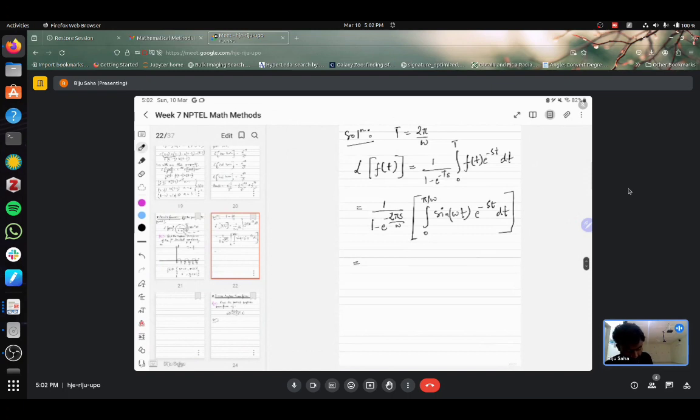This is an integration you have to work out. It is a very standard integration. We also came across this integration in the Fourier transform class, if you remember.